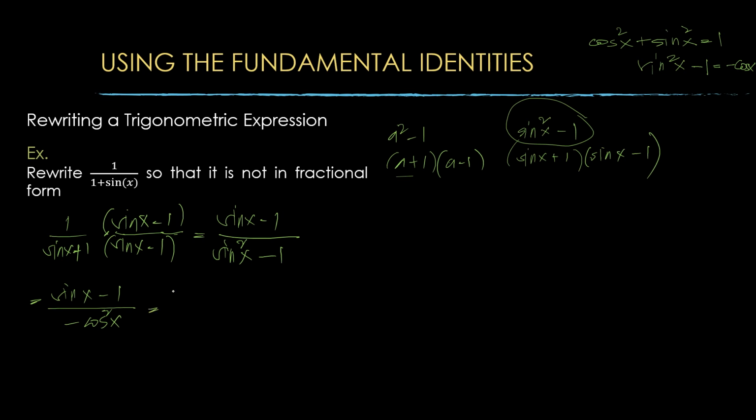And therefore, if I try to break up this fraction, this is equal to sine of x over negative cosine of x squared minus 1 over negative cosine of x squared.